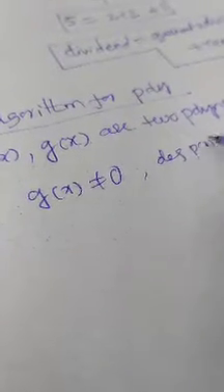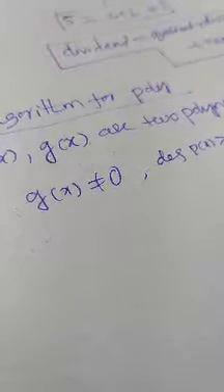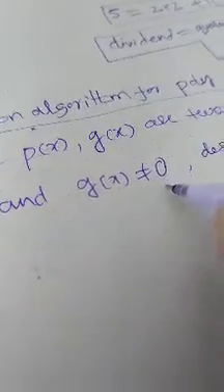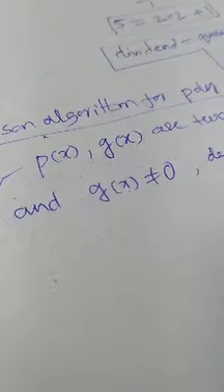Here deg means degree. So p of x we consider as dividend, and g of x we consider as divisor. The divisor is always a non-zero polynomial.